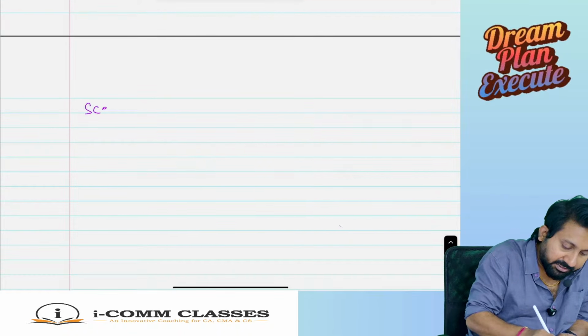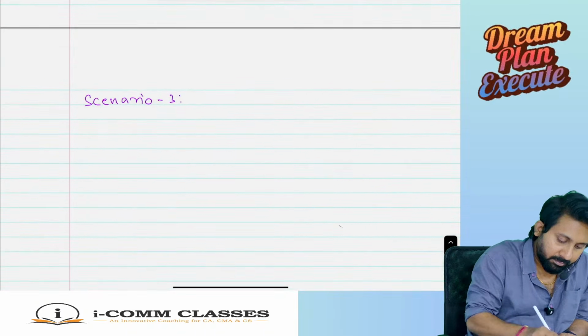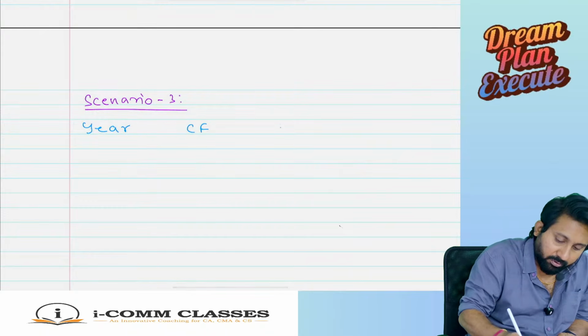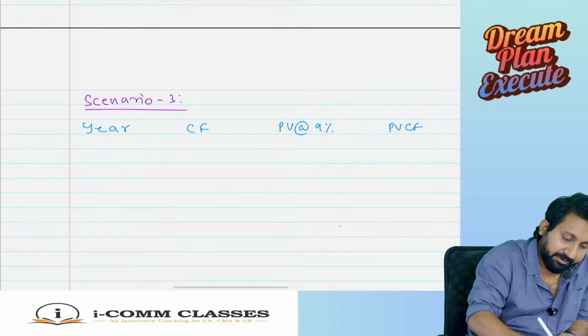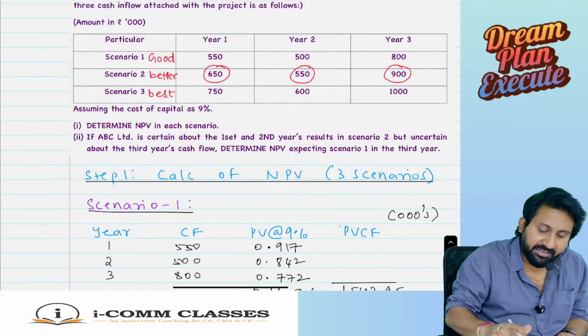Simple computations. Scenario 3. Write down. Year, cash flow, PV at the rate of 9%, PVCF. Year 1, 2, 3. 750, 600, 1000.